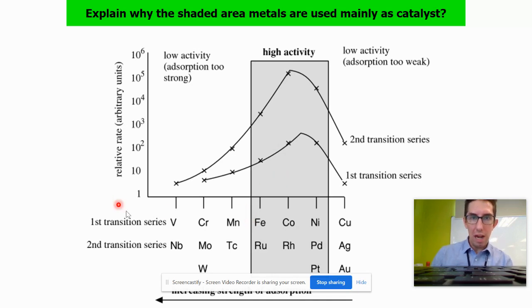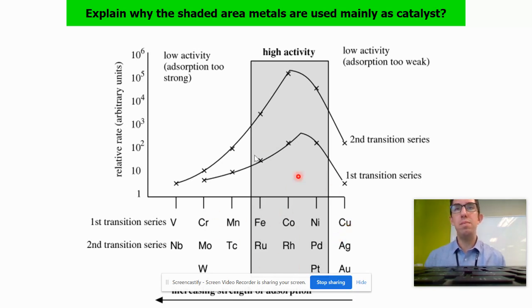The metals on the left-hand side adsorb too strongly, so they hold the particles which hit onto them too strongly so that they can't desorb. That's not a good catalyst if something can't desorb. Whereas the ones to the right don't have enough strong adsorption, so a molecule would hit onto that surface and then instantly desorb.